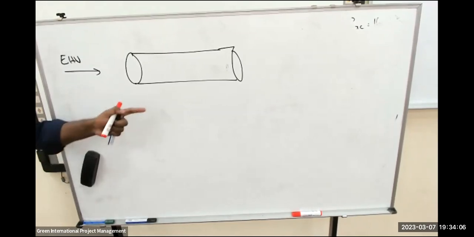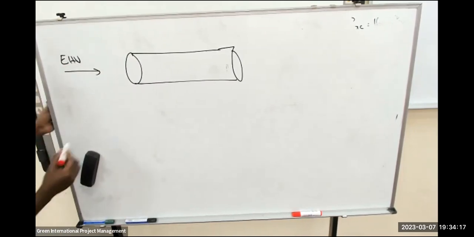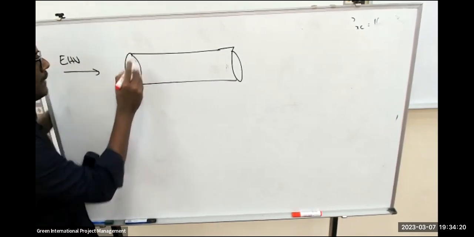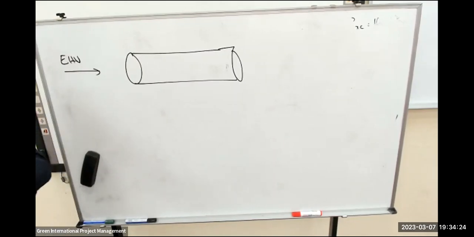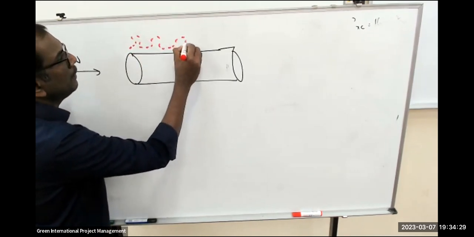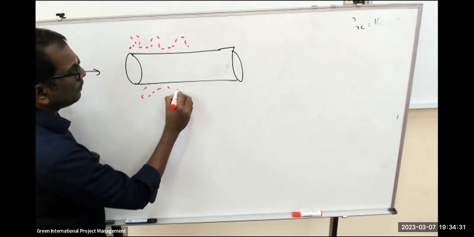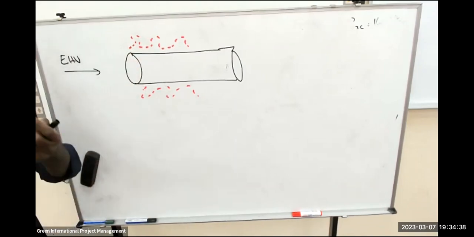The conductor is placed in the open area, in atmospheric air. So the conductor is surrounded by air. Now the conductor carries EHT voltage. Before going to that, on the surface of the conductor we have air present. If it carries the EHT voltage, this air becomes ionized.